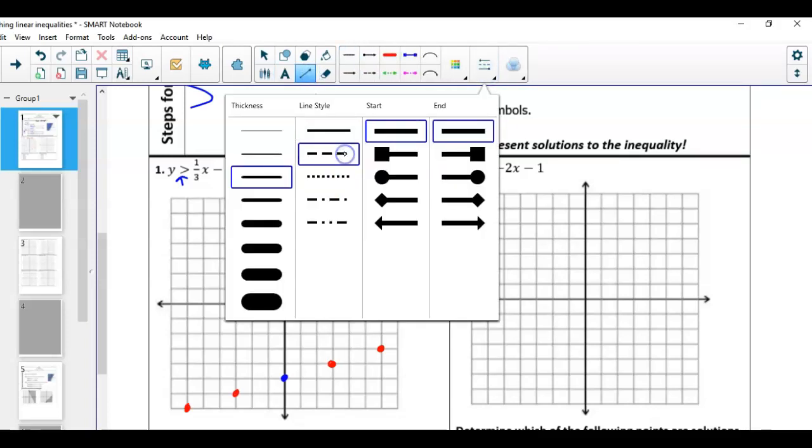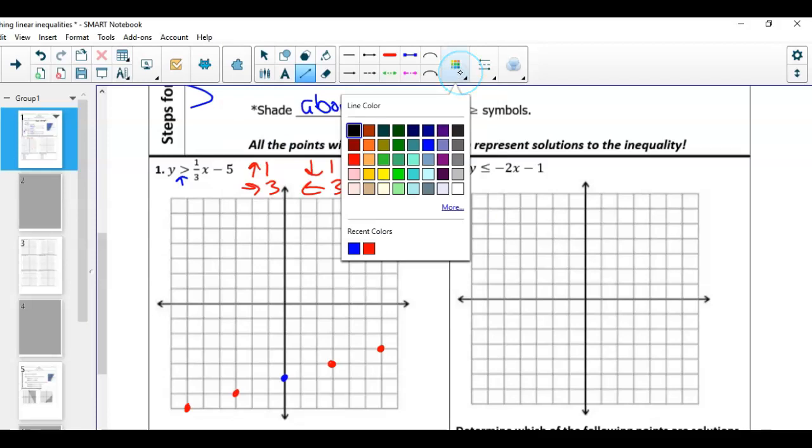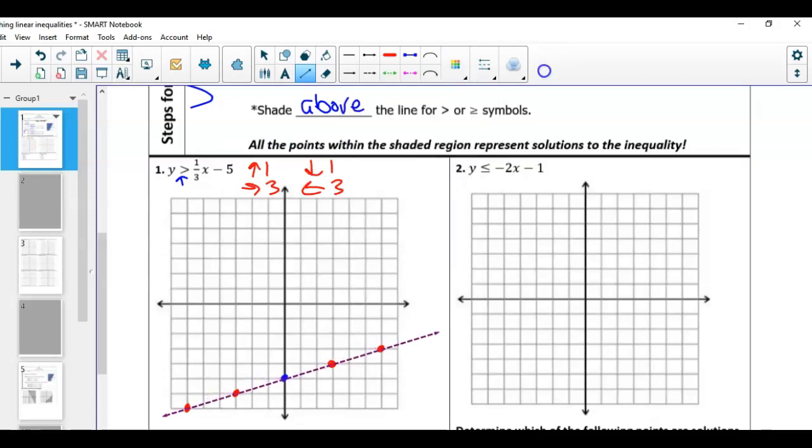So I can kind of cheat a little bit because I have this line. You would actually be drawing a dashed line. Right? So I have my dashed line that goes through my slope, that goes through my y-intercept. My last thing I need to do is shade it.